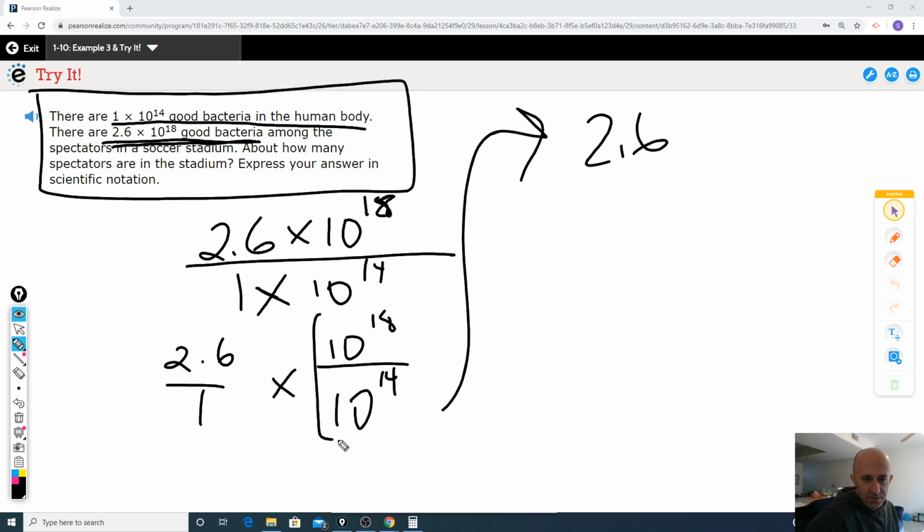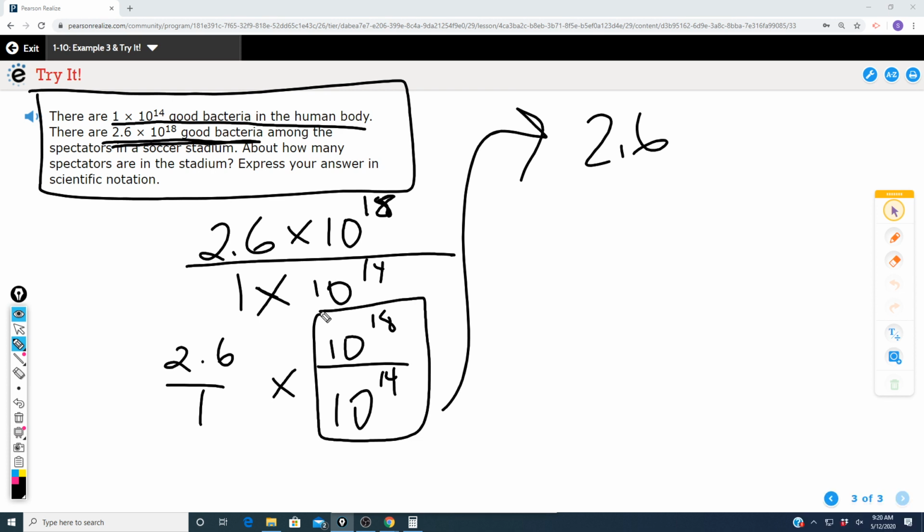If we have a fraction for division, in this instance, of 10 to the 18th divided by 10 to the 14th, if you remember from those exponent rules, we subtract those exponents.